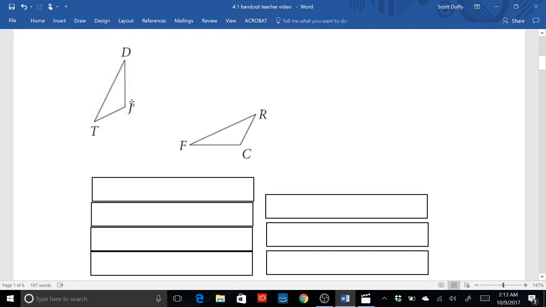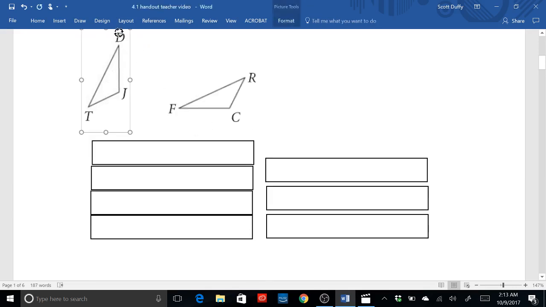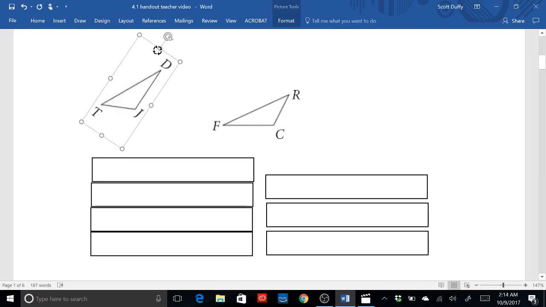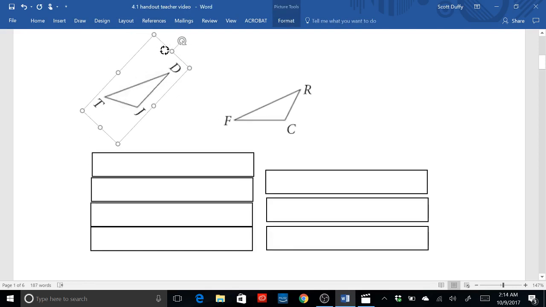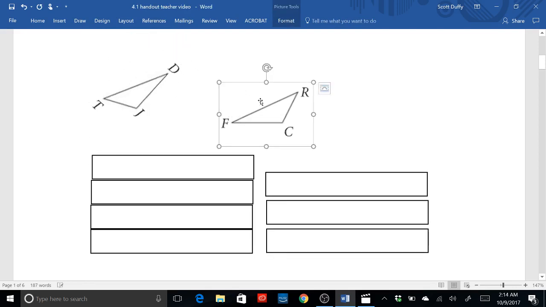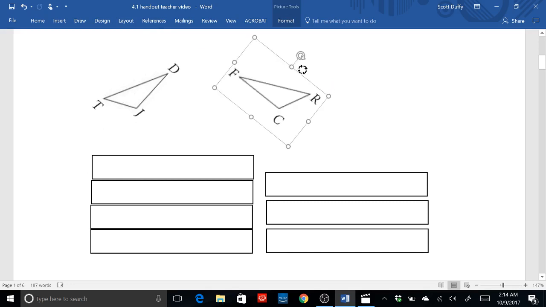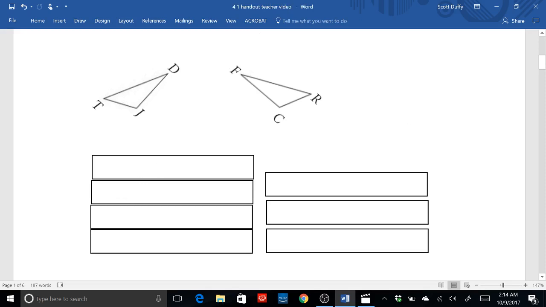Now, if I tell you that these two are congruent, it's kind of hard to tell unless you rotate them in a way so that it's a little bit easier to see. What I did is I just rotated them so they look like mirror images of each other. And you can see that angle D and angle F, or point D and F, are corresponding.